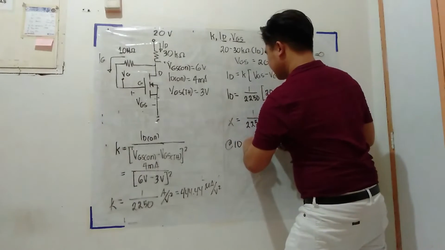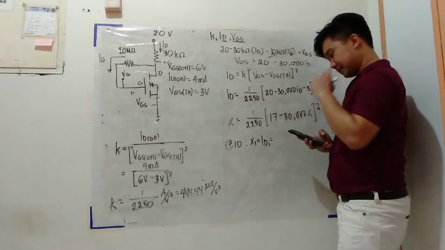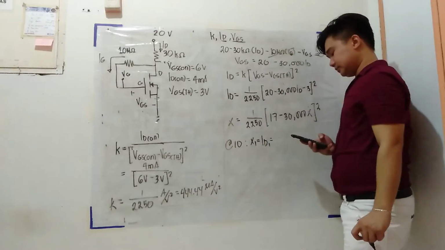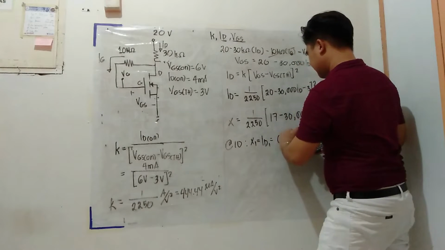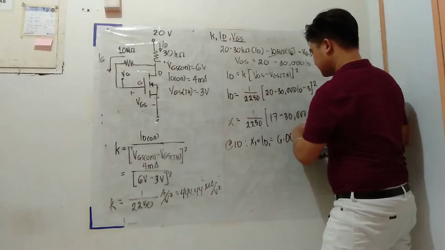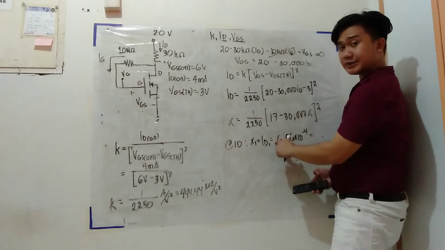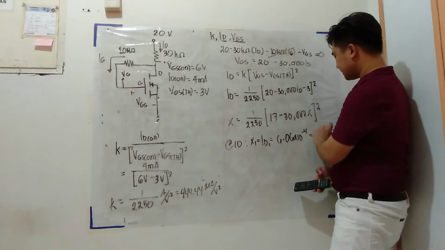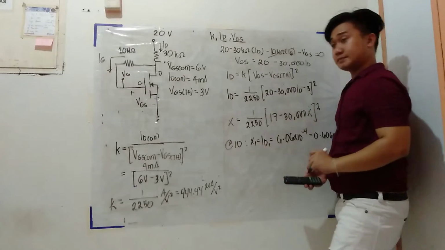Ang makukuha mong X1 or yung ID1 mo ay equal sa 6.06 times 10 raised to negative 4, or simply, lipat ko dito ng isa yung decimal, 0.606 milliamperes. Okay?